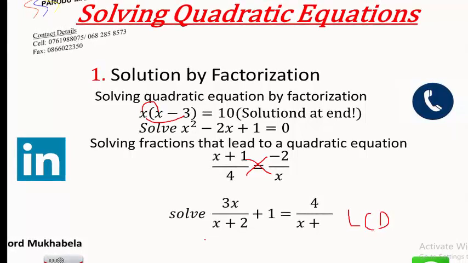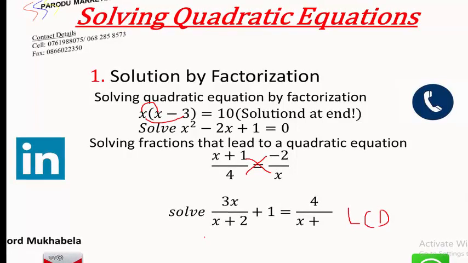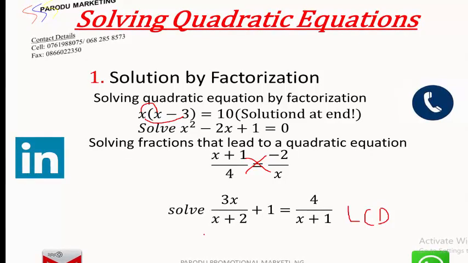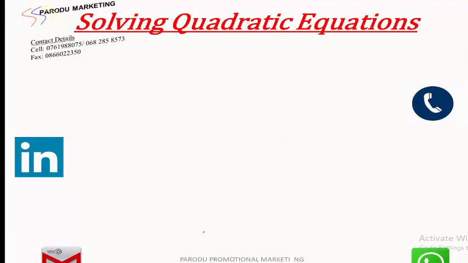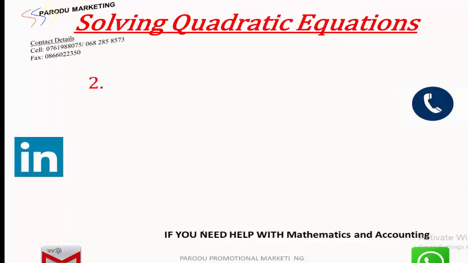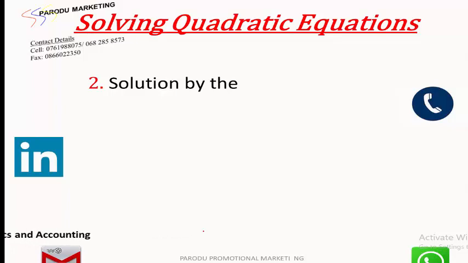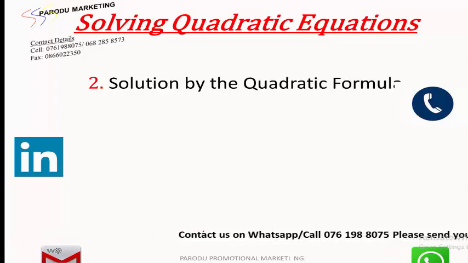We have now looked at solving quadratic equations by factorization, which is done. Now once you know this, you will then have to go on to the next part of the session, where you also need to know solution by the quadratic formula.